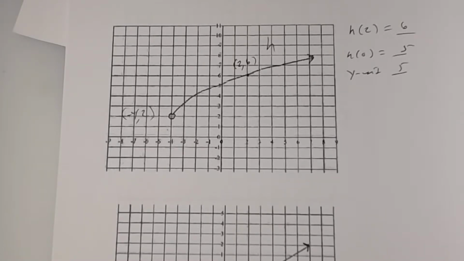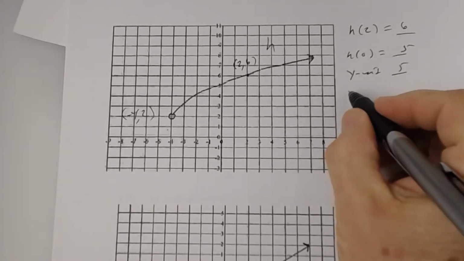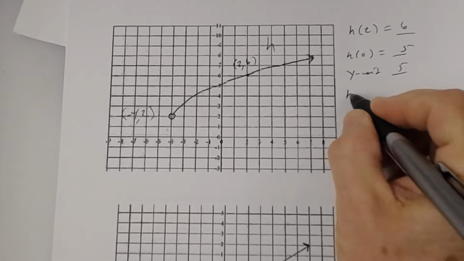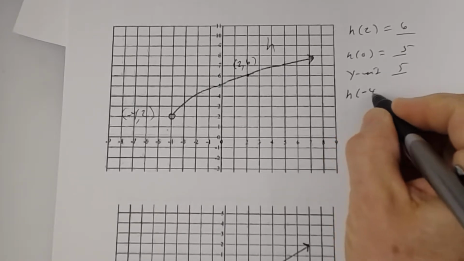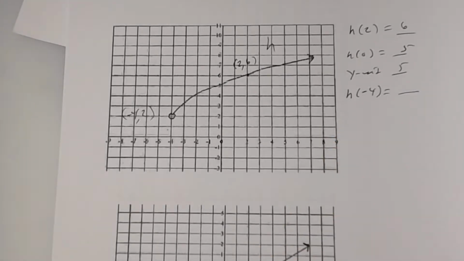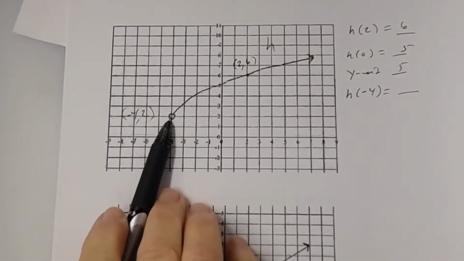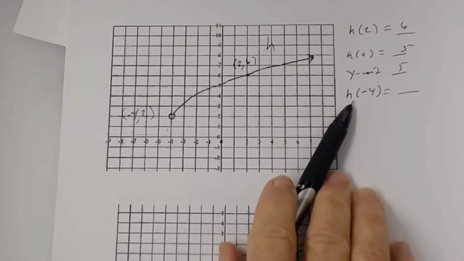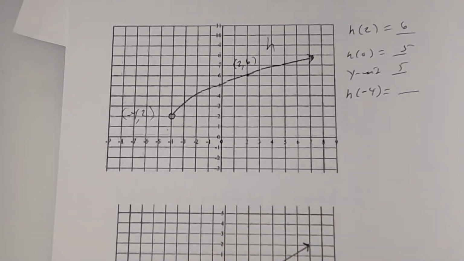Now, can I determine h of negative 4? No, because negative 4 is not part of my graph. What do you see at negative 4? An open circle. So if you're asked to find something like h of negative 4, you know that that's not part of the graph.